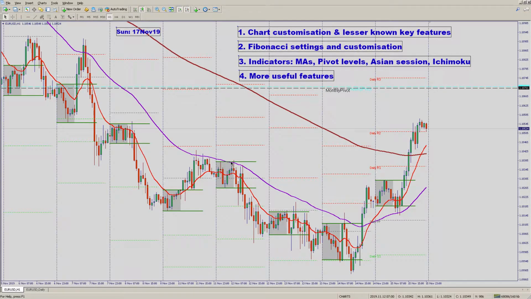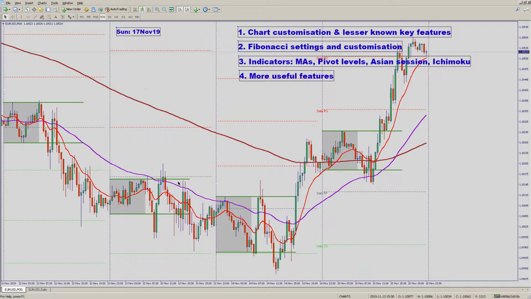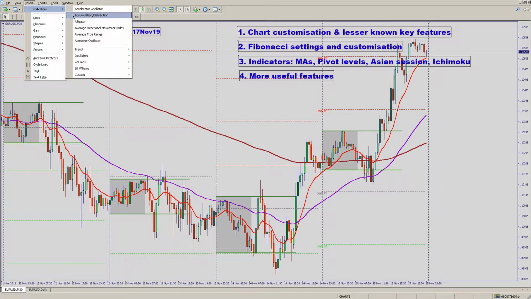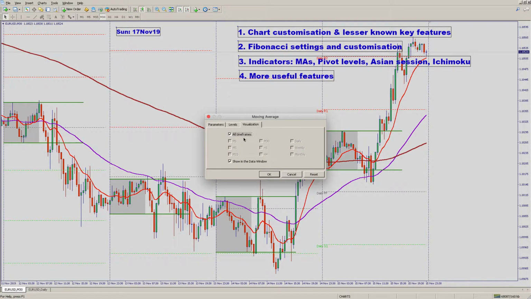So the period now needs to be double so that we still get the same average data. Let's add a new moving average, and doubling the 55 will make it a 110 EMA.